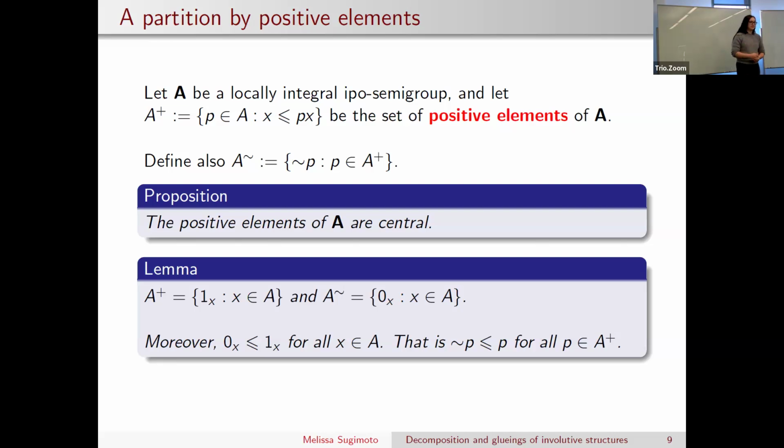And then dually to that, the set A tilde is only the zeros. All of the zeros are in A tilde, nothing else is. And then we get nicely that 0x is stacked beneath 1x, and we know that x is going to be in there somewhere. So we're starting to see a structure where things are bounded between 1x and 0x, or at least we hope that's what we're seeing.